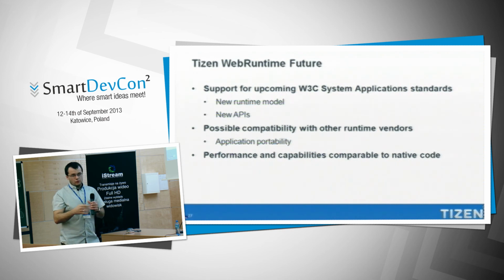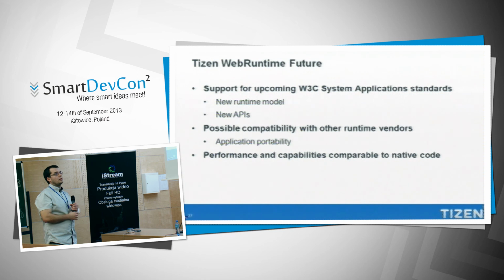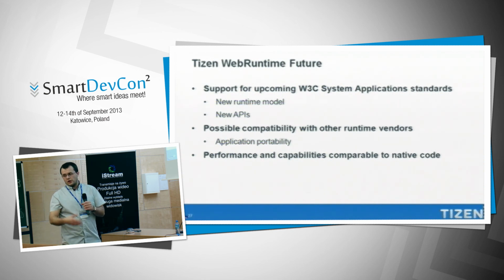By doing that, we will most probably achieve a level of compatibility with other runtime vendors like Firefox OS, because we are actually working with Mozilla on those specifications. And like I said before, we are going to try to put the performance and capability of web applications on the same level as native code.